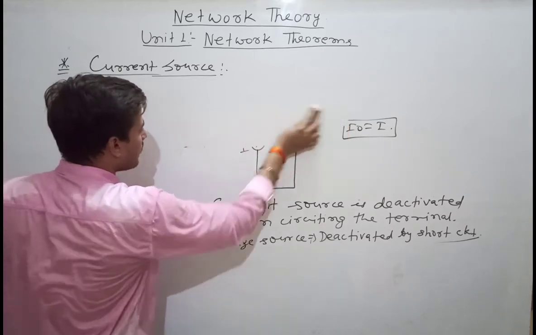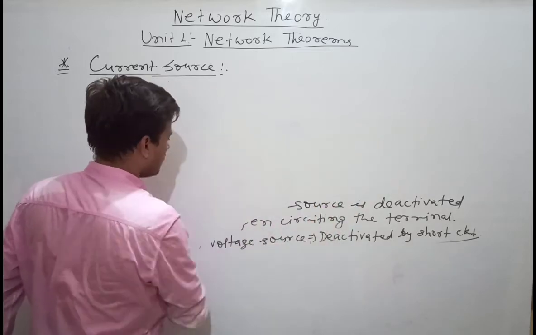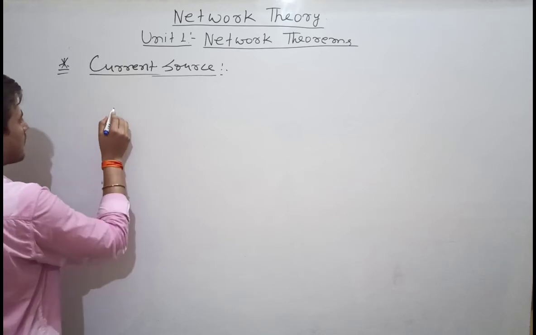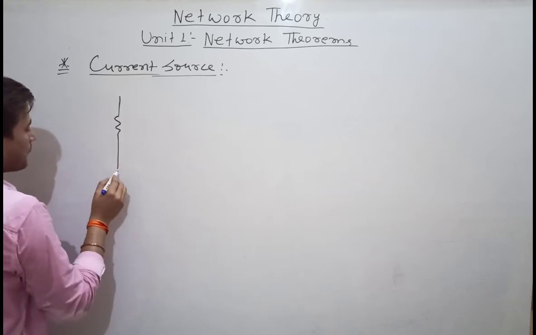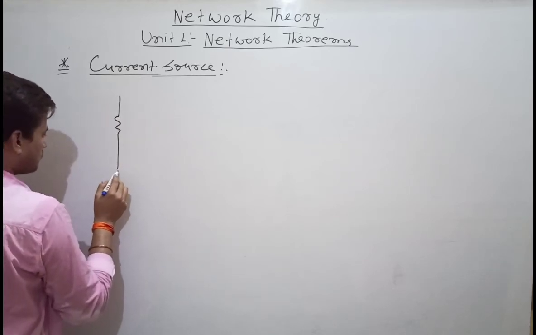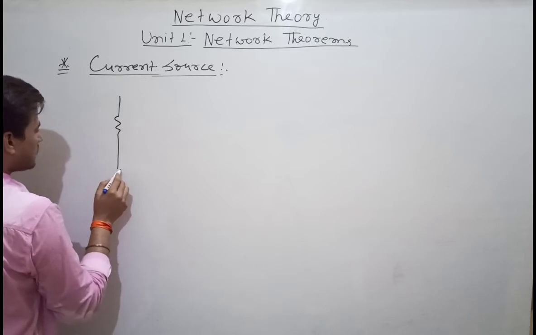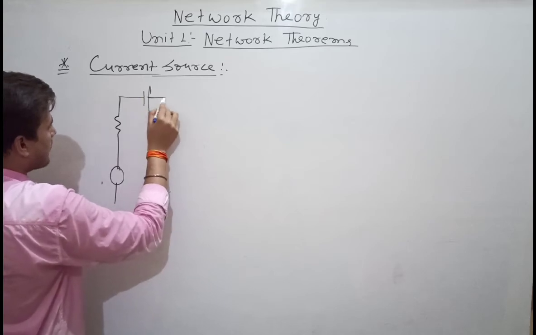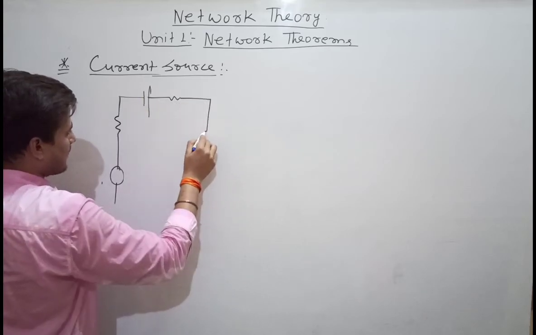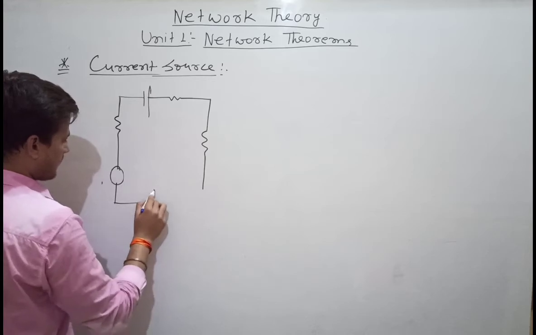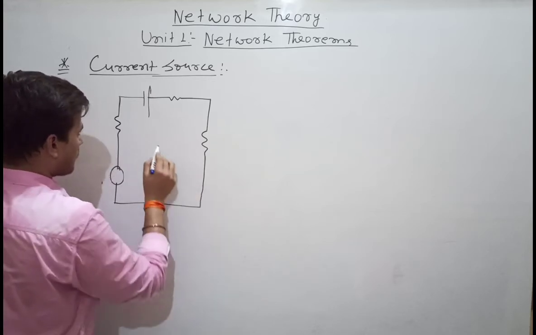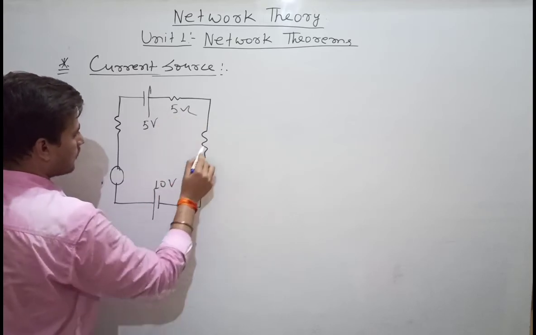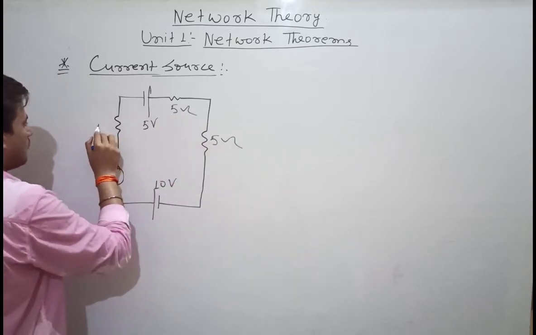Now you are having a practical current source. And see the role of the ideal current source. Again, let us take one example. 5 volt, 5 ohm, 10 volt, 5 ohm, 5 ohm.